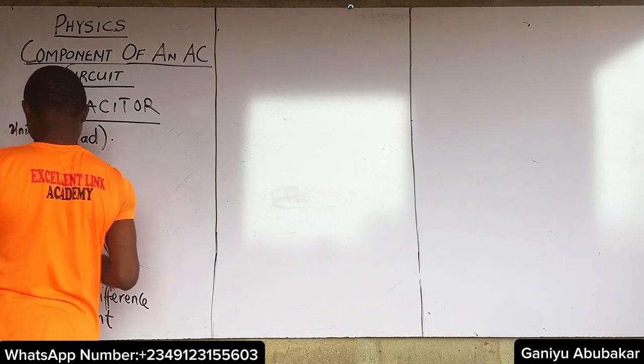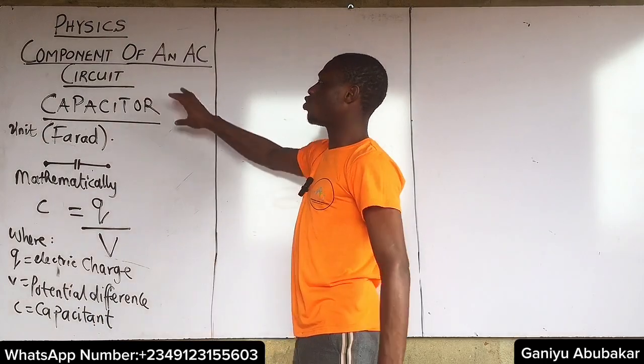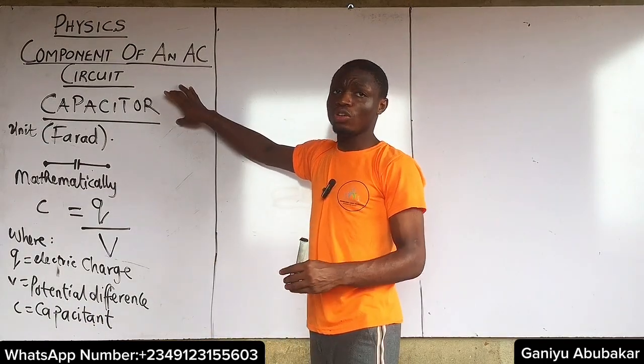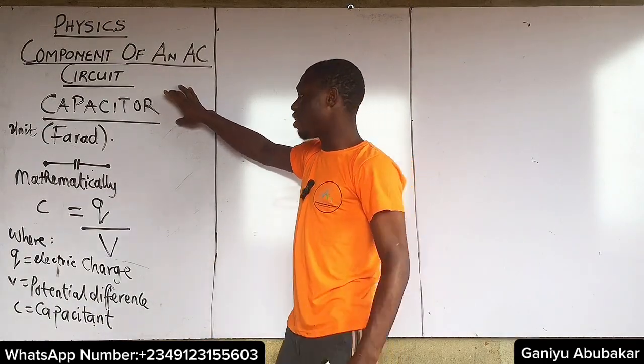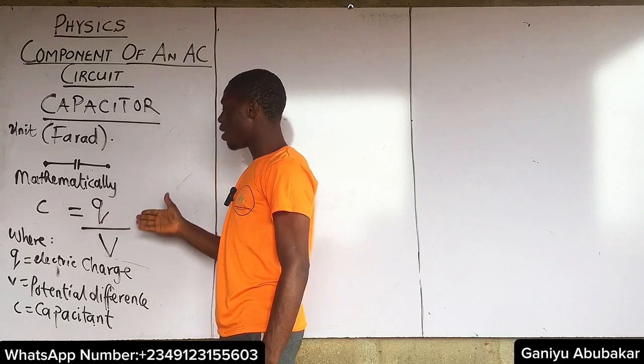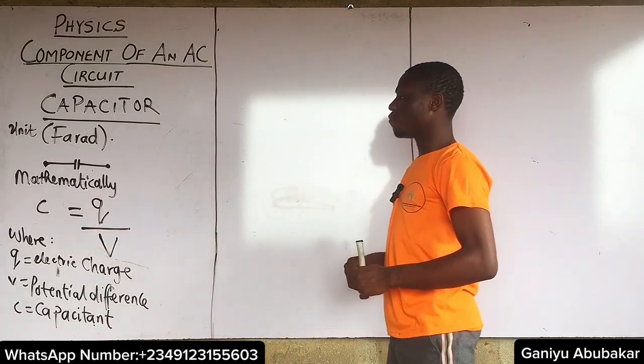So the mathematical expression for the capacitance of a capacitor is given as C equals Q over V, as you can see in front of you.